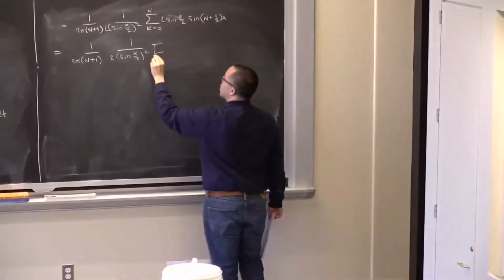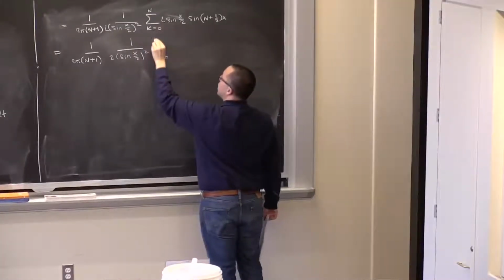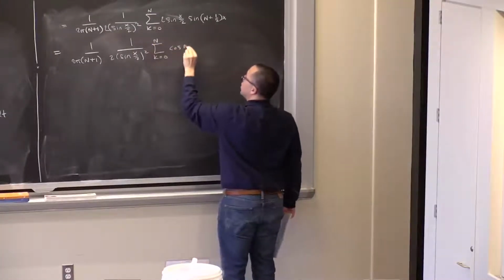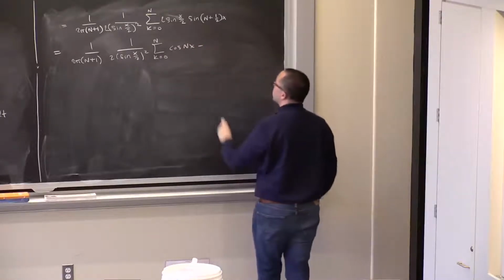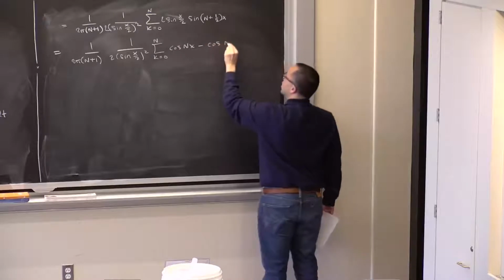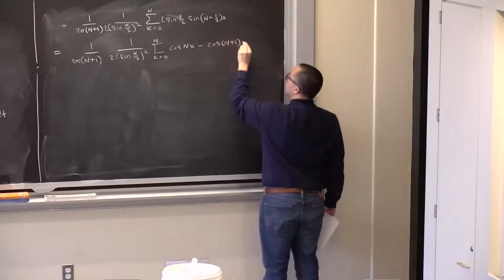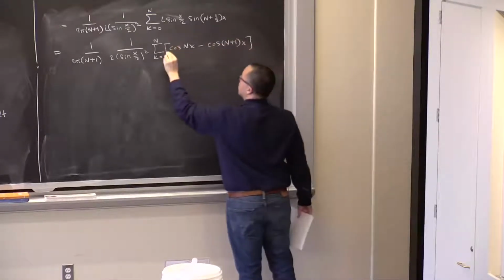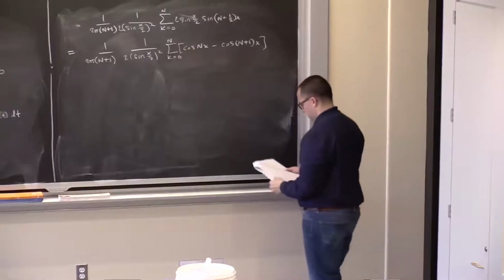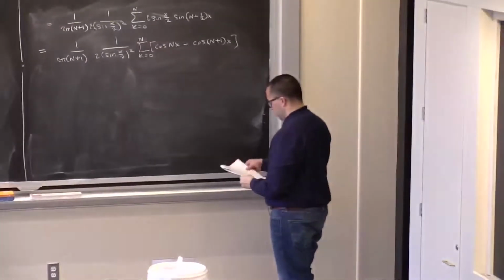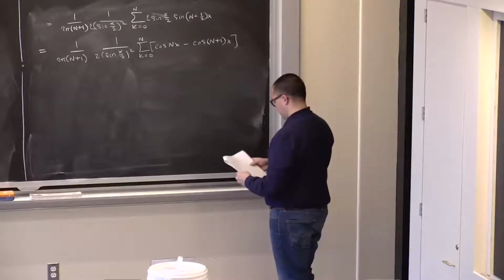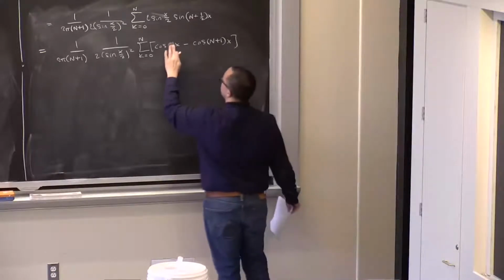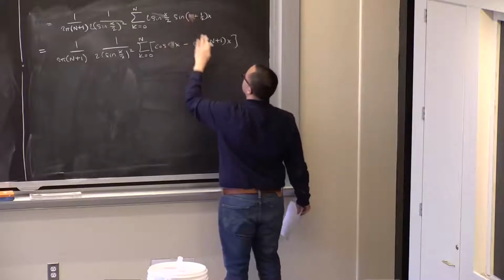You can write this as the sum from k equals 0 to n of cosine kx minus cosine (k plus 1)x. Let me make sure I got that right. Or this should be k, I'm sorry. That should have been k.